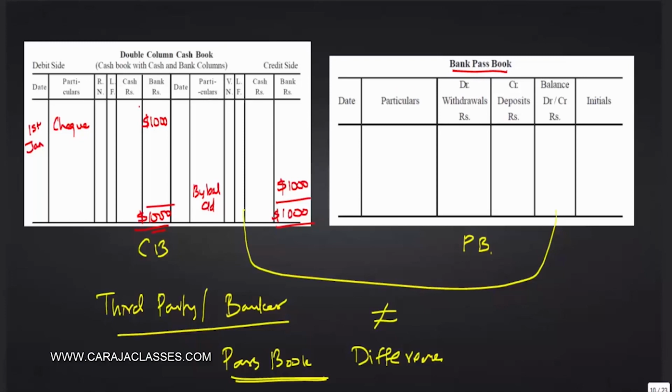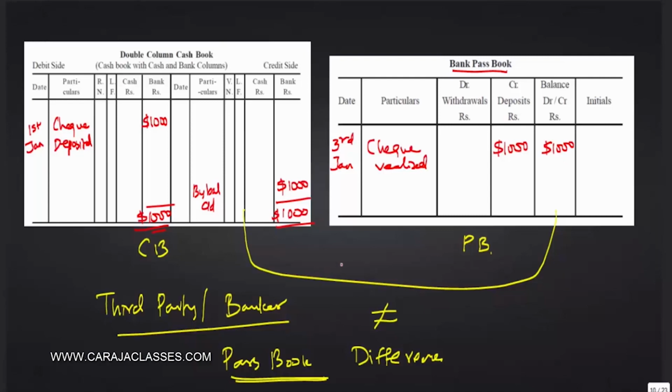Here the check received from the customer has been deposited and immediately you have passed an entry for that, but the bank will record this transaction only when they realize this money. Say for example, the bank is going to receive this money only on 3rd Jan. On 3rd Jan the bank says check realized, and it would say $1,000, and the balance is going to be $1,000.